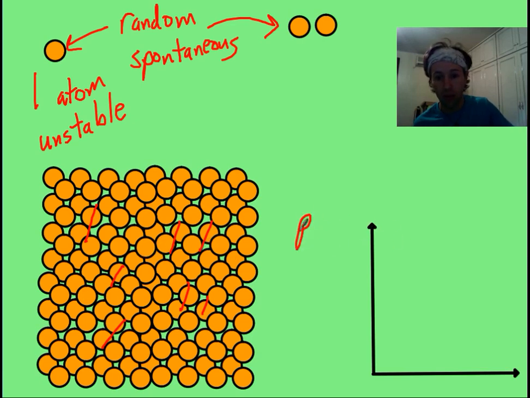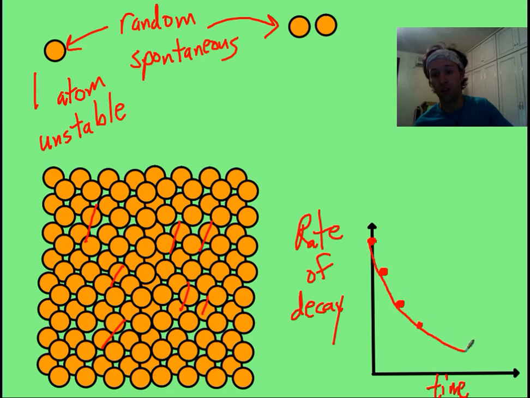If you made a graph of the rate of decay versus time, at a certain time you could predict the decay rate would be this, and later on it'd be lower because there are fewer atoms left to decay, and then even lower, and you get a shape that looks like this. From mathematics you might have heard that this shape is exponential.